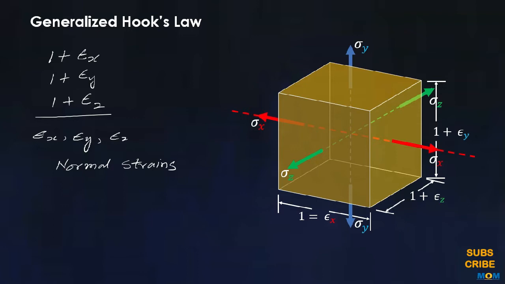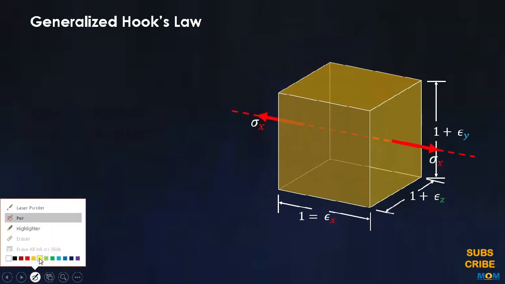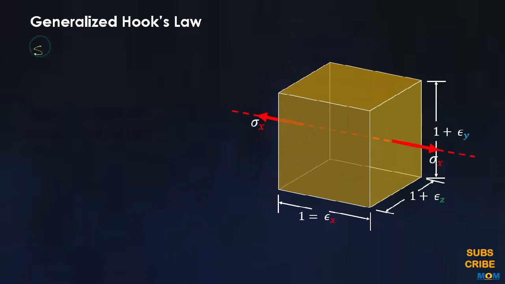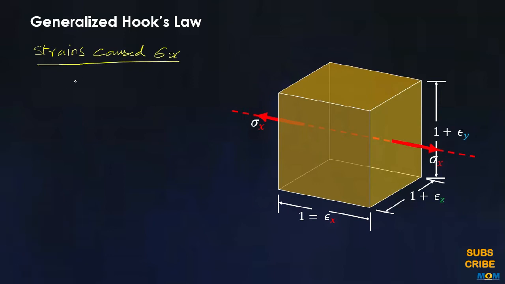So the strains caused by the stresses along the x-axis are going to be, using Hooke's law, epsilon x is equal to sigma x divided by Young's modulus.